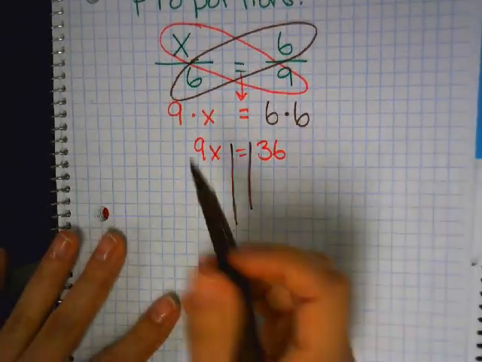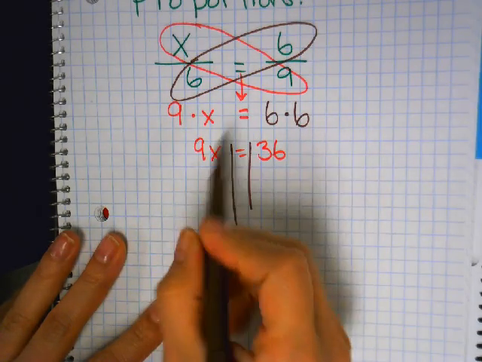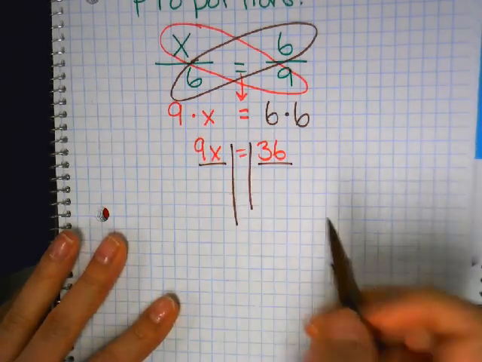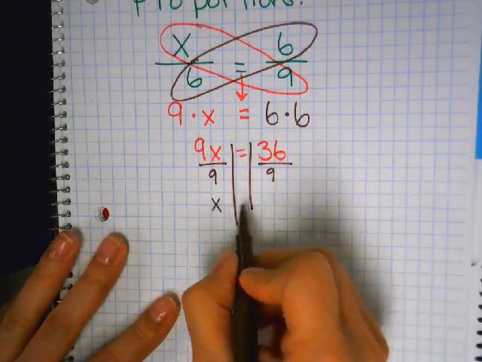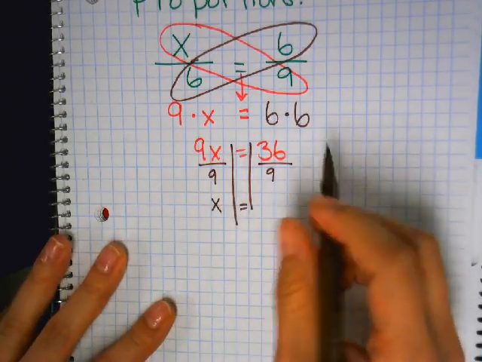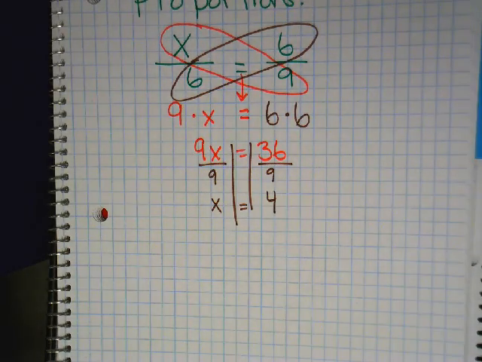I need x by itself. So what do I do to the 9? Divide it. What am I going to divide by? 9. What is x equal to? 4. Perfect. So this is solving proportions by using the butterfly method.